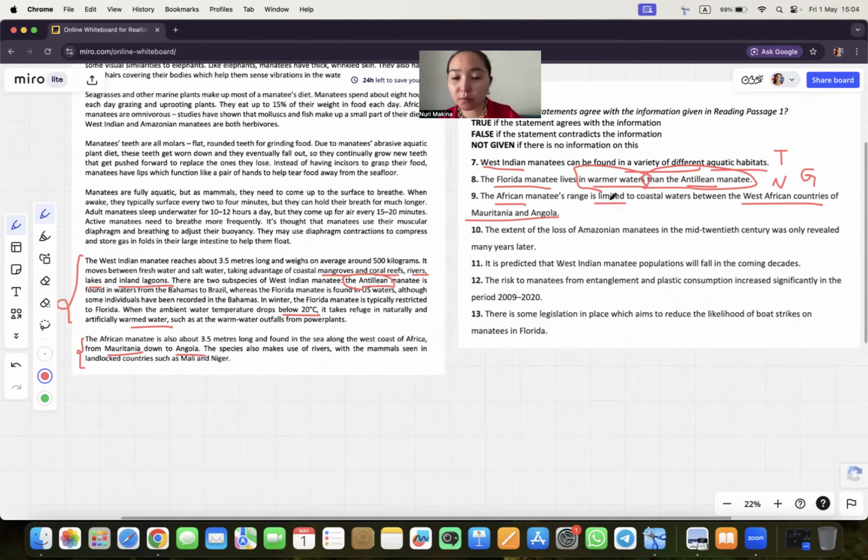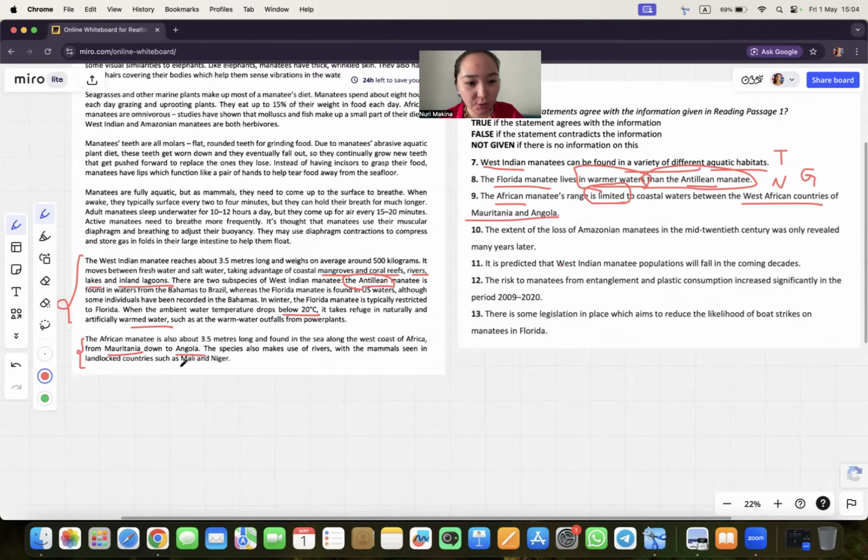Okay, so that means limited. The most important thing is to find out the word limited, or a synonym of the word, and here we have coastal waters between the West African countries of Mauritania and Angola, limited. That means these manatees live around these countries.